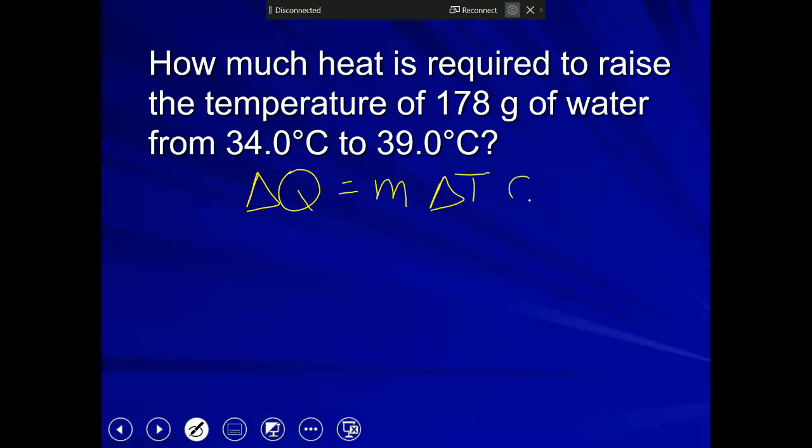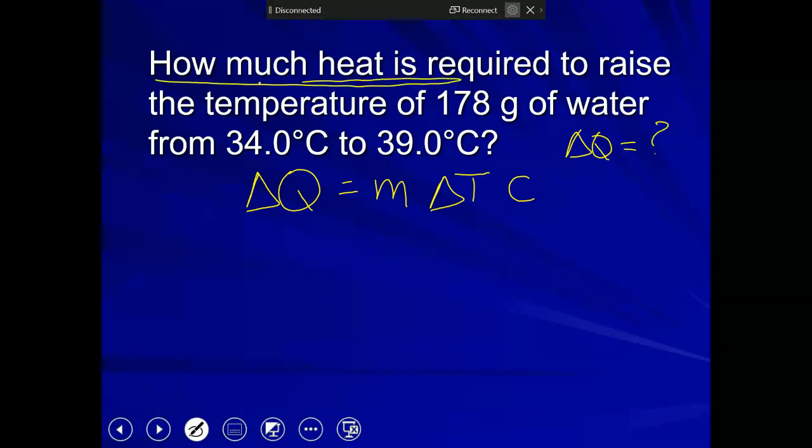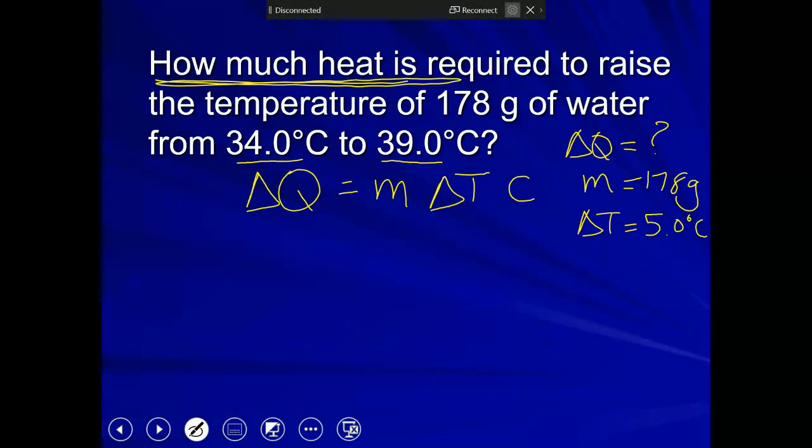Okay. I think it's a really good idea, since we're getting a lot of variables, to list what we know. So the delta Q, we don't know that. That's what we're trying to find. How much heat? The mass is 178 grams. The temperature change, remember, you take final minus initial, and I'm going to follow our sig figs. That's 5.0 degrees Celsius.